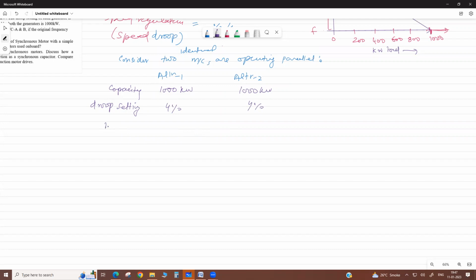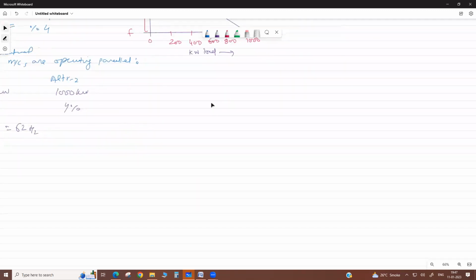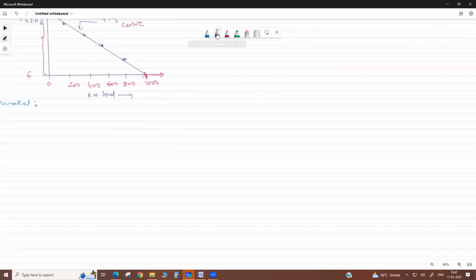And suppose the no load frequency is 60 Hz, or 62 Hz. Correct. We take an example of identical machines, operating in parallel and sharing a total load.